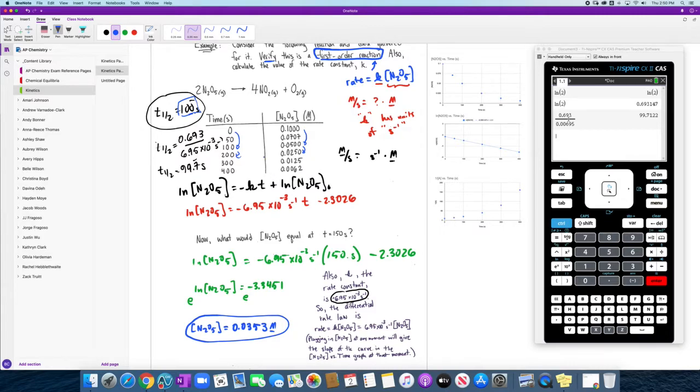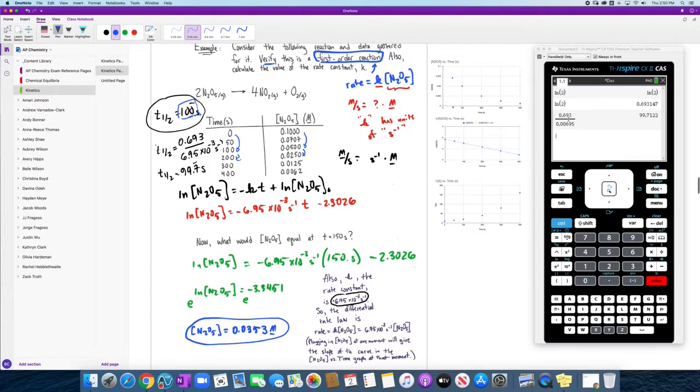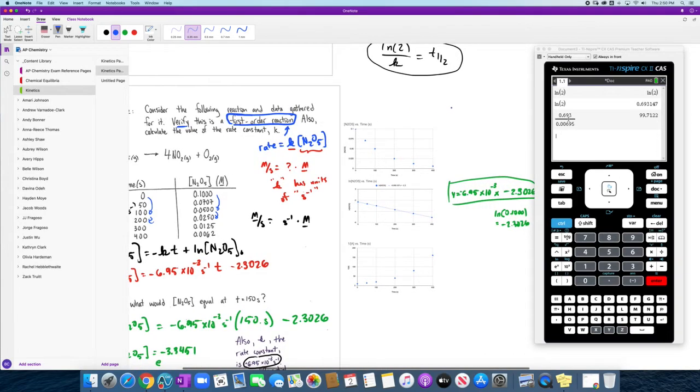And that's also clear if you look at the data itself. Here's the curve. Every 100 seconds, that initial concentration gets cut in half. So after another 100 seconds, concentration's cut in half again.